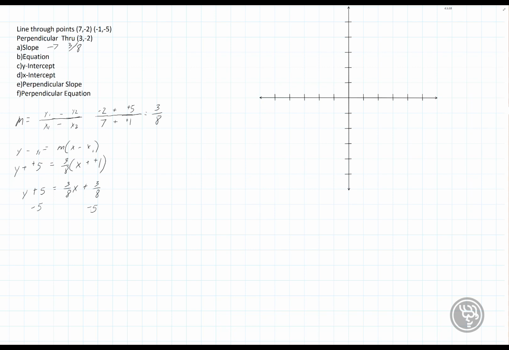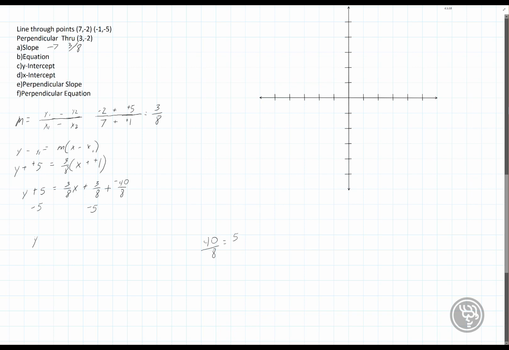So let's say we're going to do 3/8 minus, and our denominator needs to be 8. But up here, what we're going to do is we're going to put 40. Why 40? That's another way of rewriting 5. If you do 40 divided by 8, that's going to give you 5. I'm using it here to help me with this subtraction of fractions. 3 basically minus a negative 40, you're going to basically get something like this.